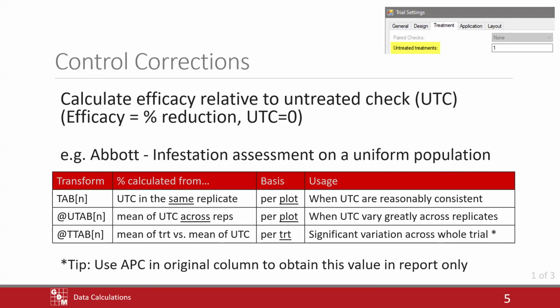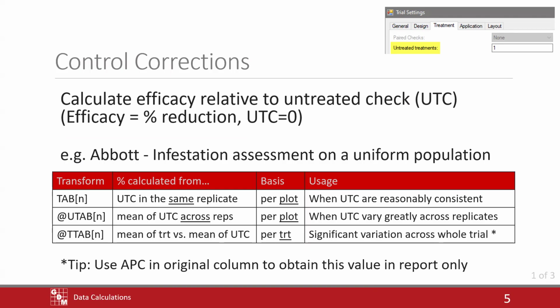First topic for us today is control corrections. Depending on your research, quite a variety of different research will utilize the same general idea of wanting to calculate the efficacy of the products you are testing relative to the check, the untreated treatment in the study.